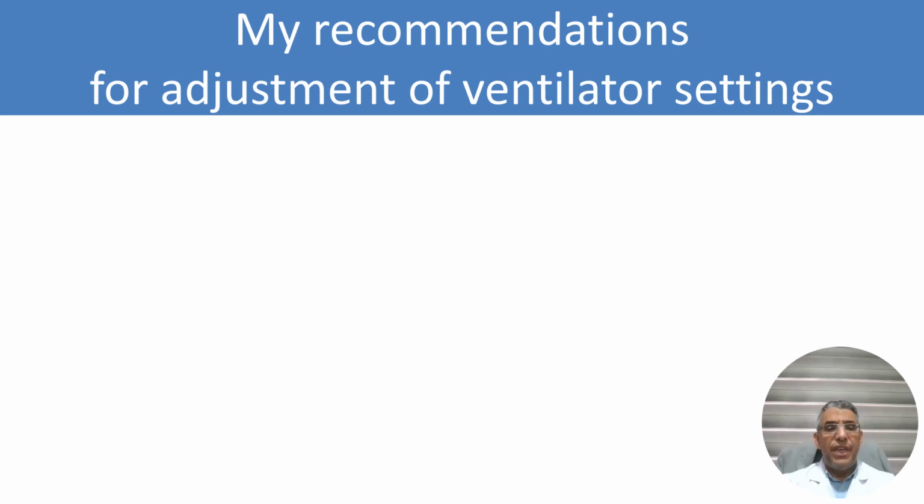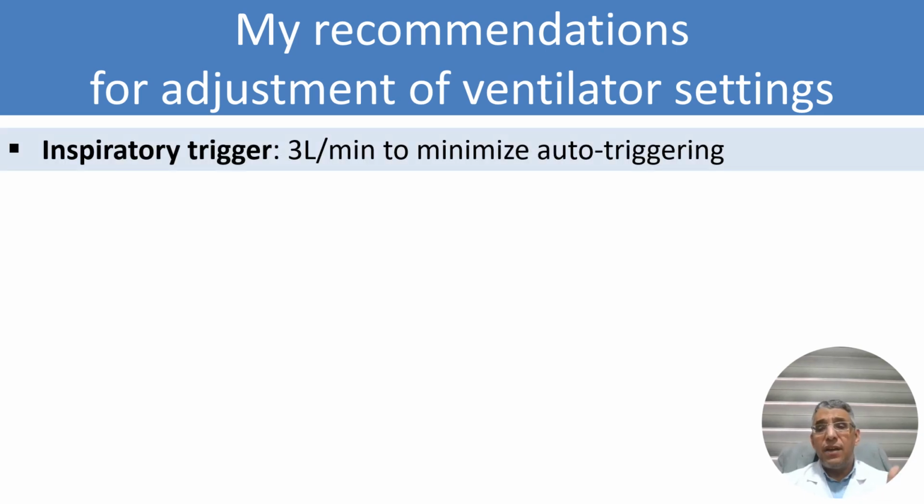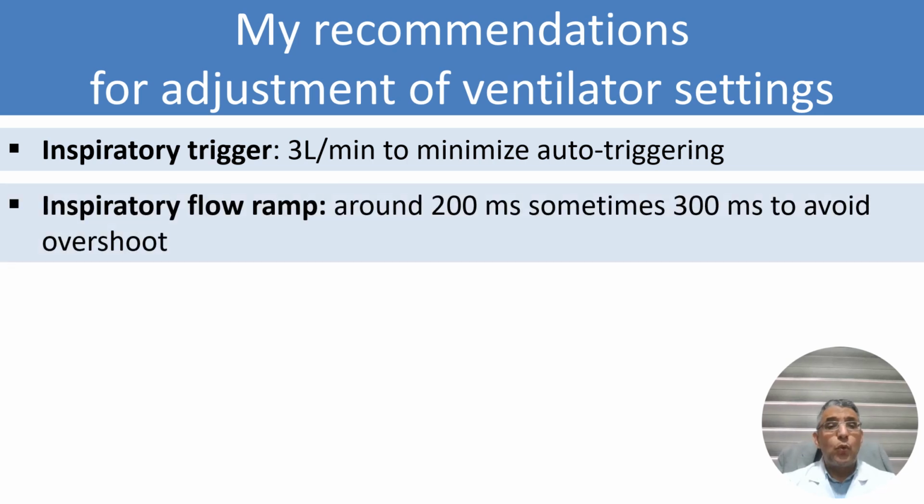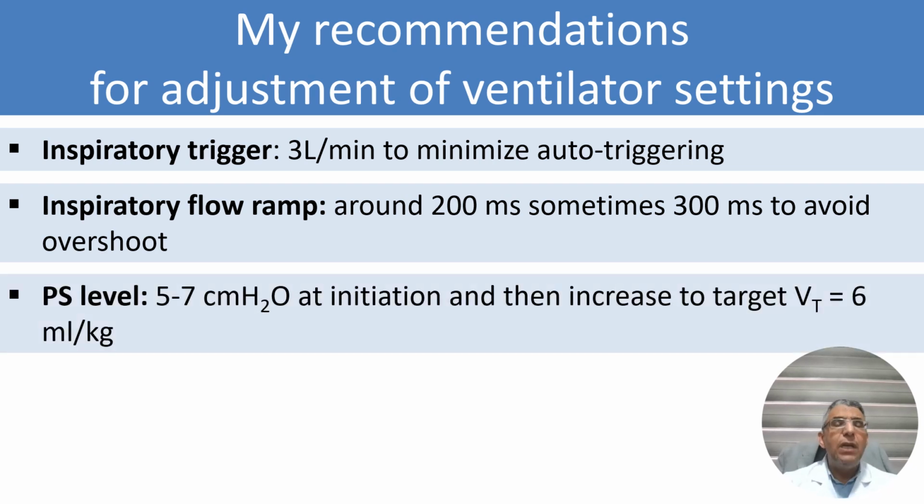My final recommendation, my final slides for adjustment of ventilator setting: inspiratory trigger 3 liters per minute to minimize auto-triggering, inspiratory flow or rise time around 200 milliseconds or sometimes 300 to avoid overshooting. Pressure support level starts with 5 to 7 centimeter, which is the difference between IPAP and EPAP.